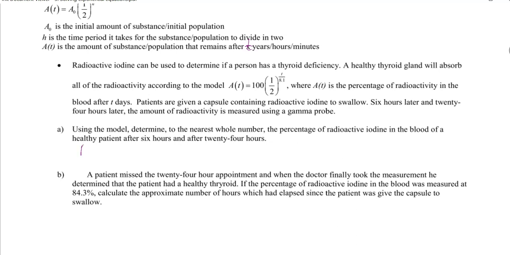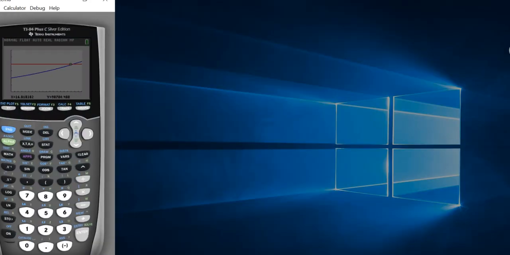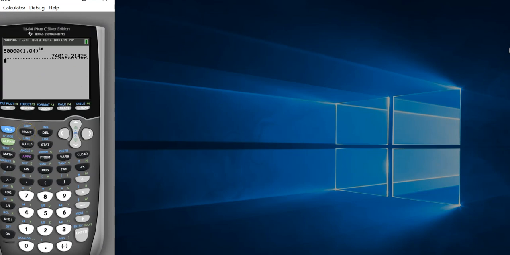Okay, so after 6 hours, we basically have A of 6 equals 100 times 1/2 to the power of 6 divided by 8.1. Well, that's just a calculator thing. So 100 times 1/2 to the power of, and I'm going to put this in brackets, 6 divided by 8.1.